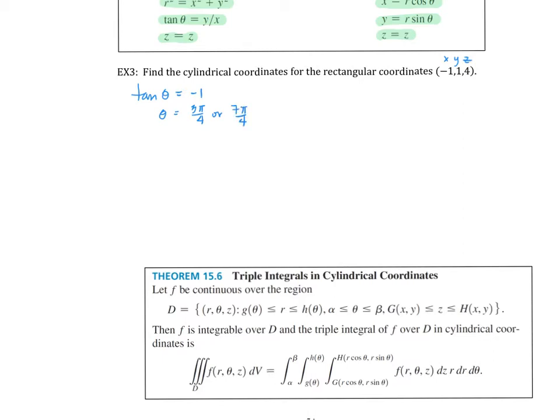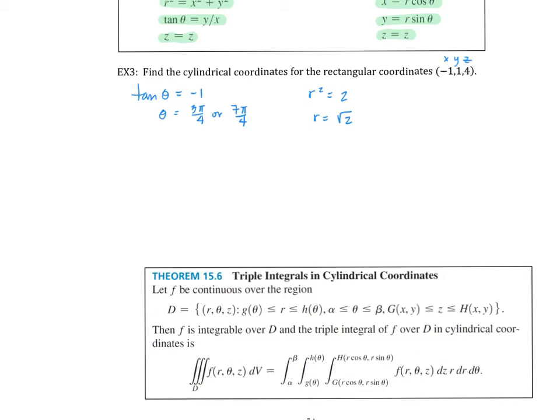Remember, our theta values can go from 0 to 2 pi. And I know that r squared is equal to x squared plus y squared. So r squared is equal to 2, which means r is equal to plus or minus square root of 2, but we're only going to use the positive r value.